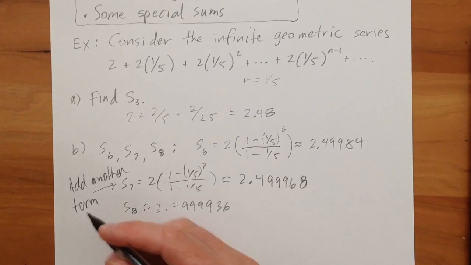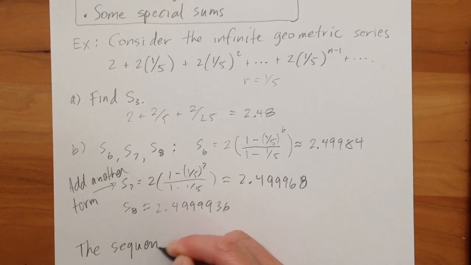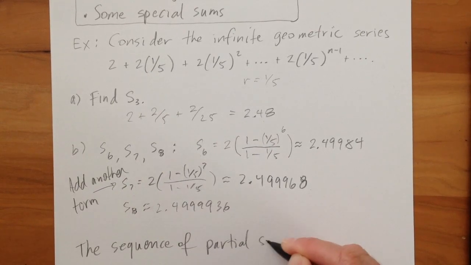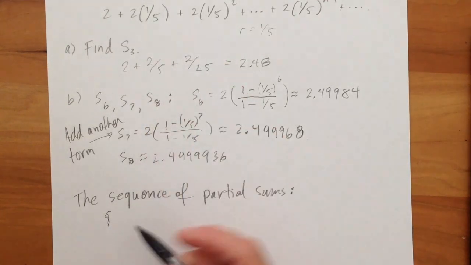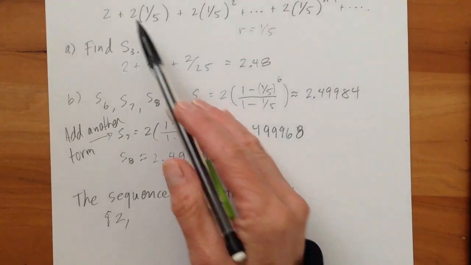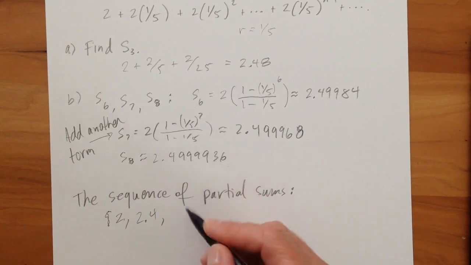Okay, so in terms of sequences, we look at it like this. So the sequence of partial sums is going to be, in this case, our first partial sum is 2. Our second partial sum, we add the next term, so we get 2.4, then 2.48.